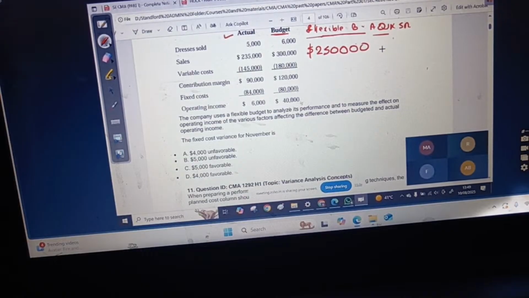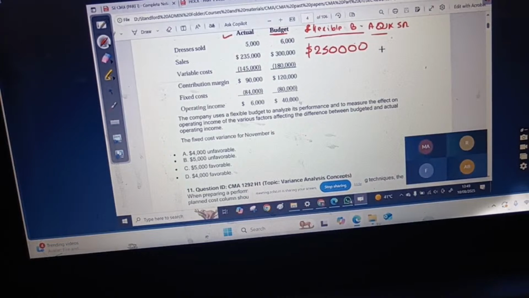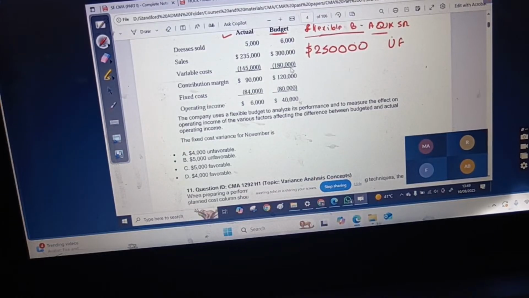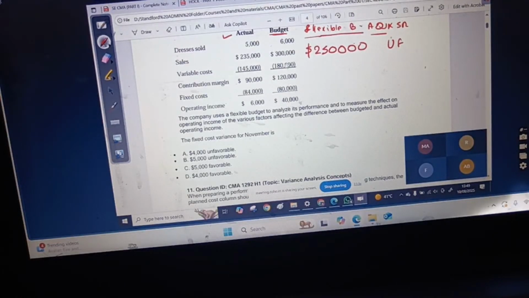Because your revenue is less than the master budget, which is unfavorable. Yeah. Variable cost, how do we find out? 1,80,000 divided by 6,000 multiplied by 5,000. I think it's $30. $30 multiplied by 5,000. This is going to be 1,50,000.